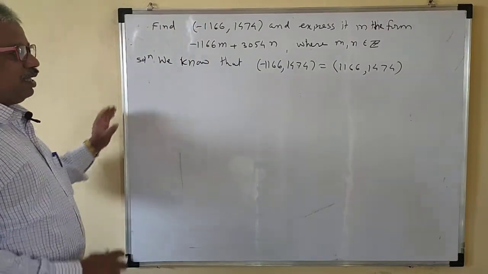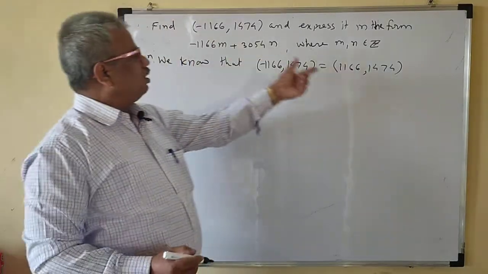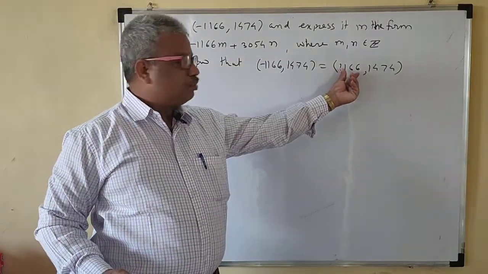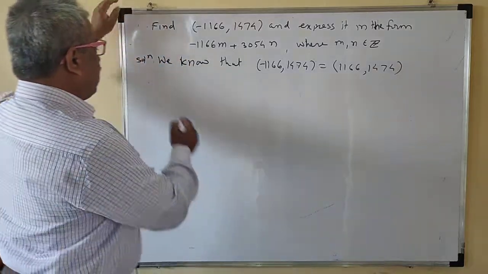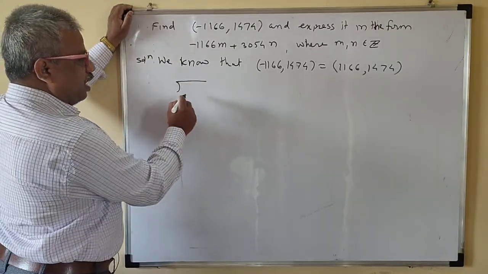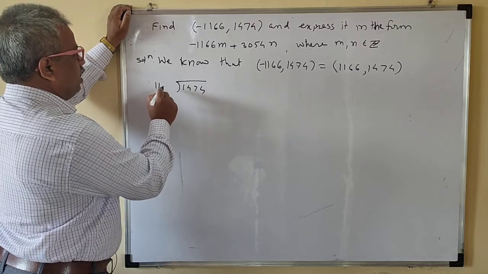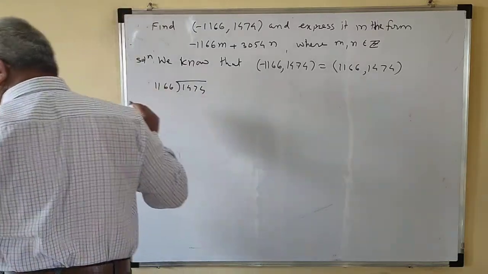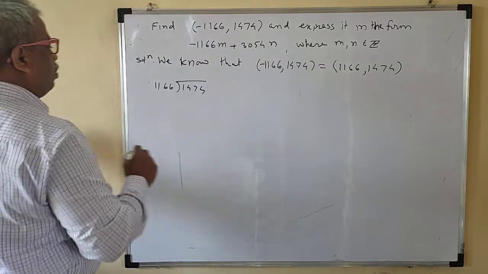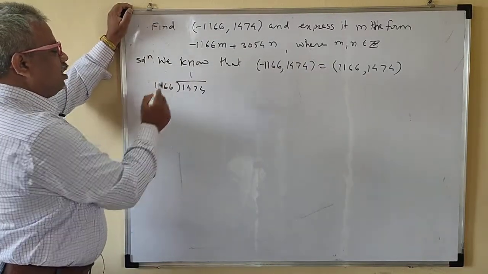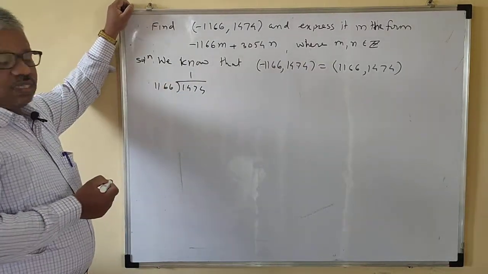Your 1166 is smaller than 1474. So we divide 1474 by 1166. You can check that this is a 4-digit number, and this is also a 4-digit number.